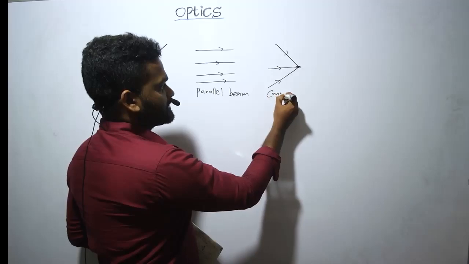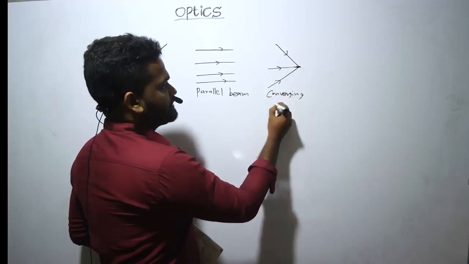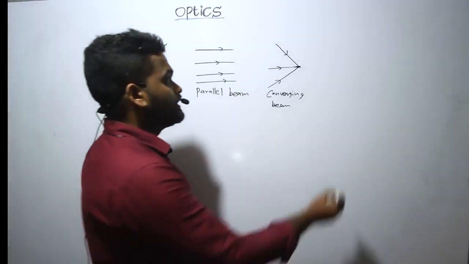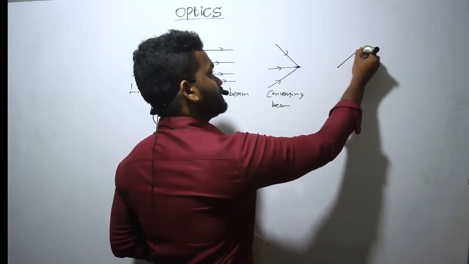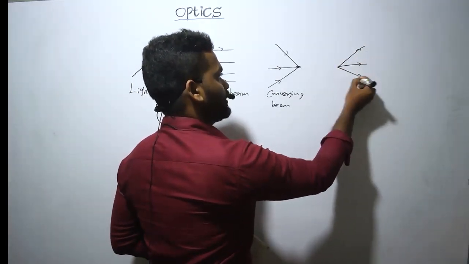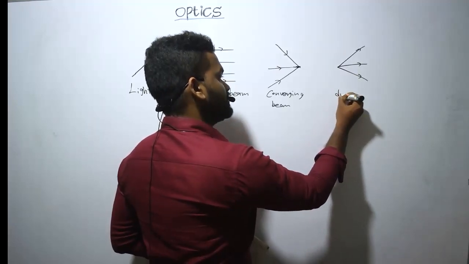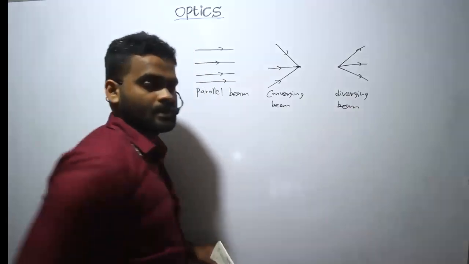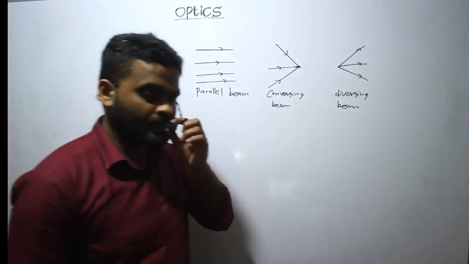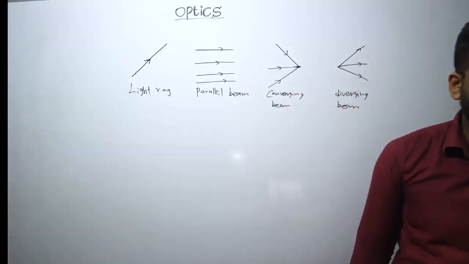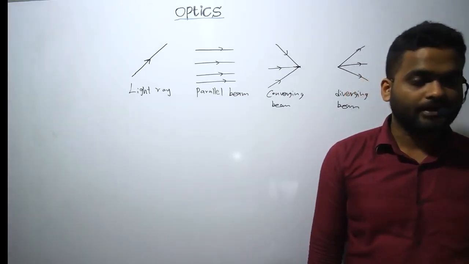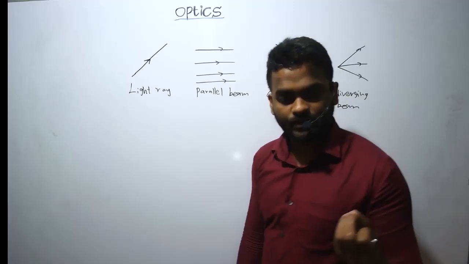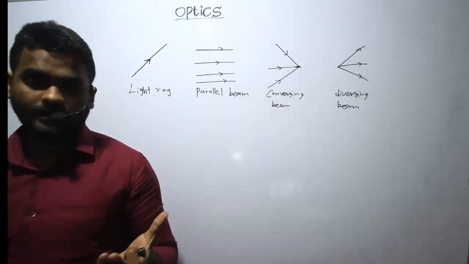We call this a converging beam. Then if light rays go out from a point, we call this a divergent beam. Take those down. You have to clearly understand these names: what is a light ray, what is a light beam.